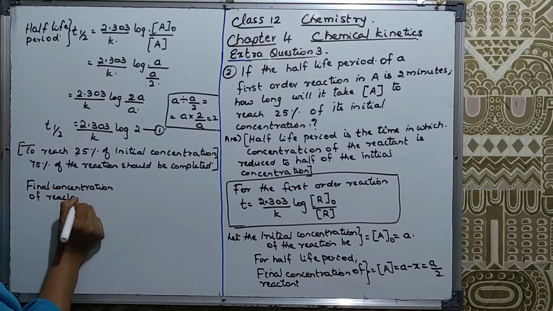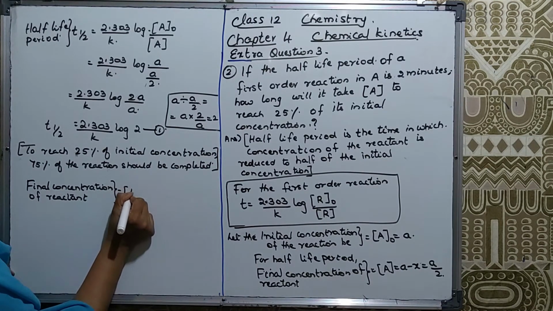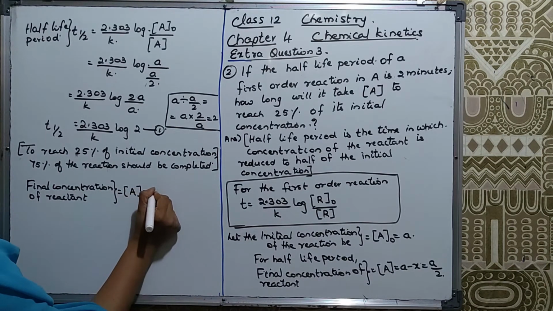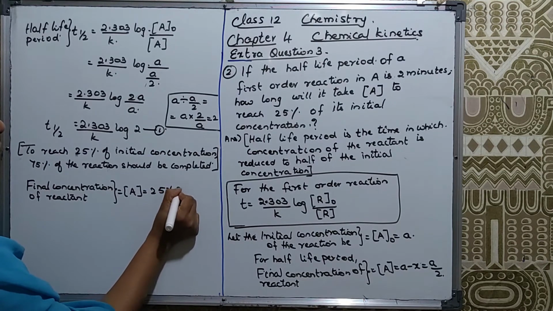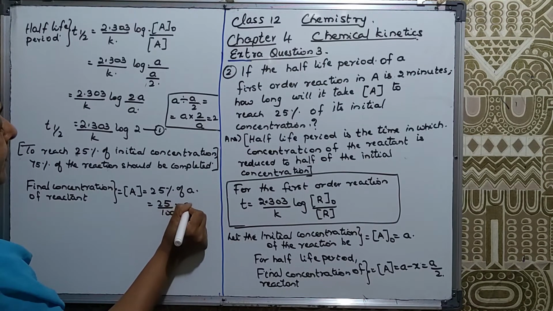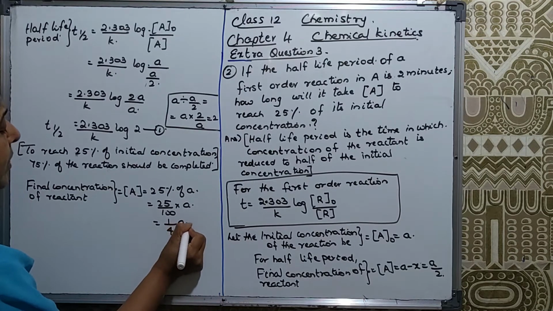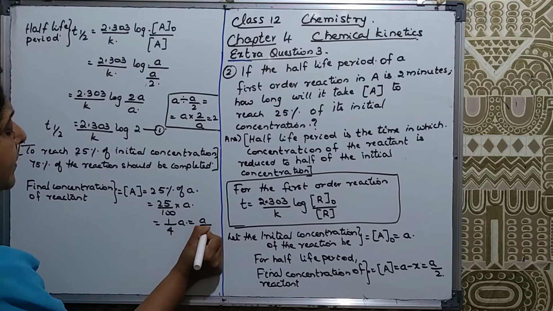The final concentration of the reactant, that is the concentration of A, will be equal to 25% of A, which is 25 by 100 into A. That is 1 by 4 A, or you can write A by 4.